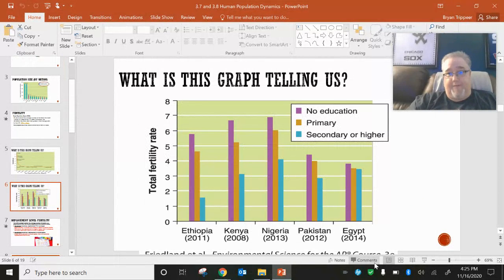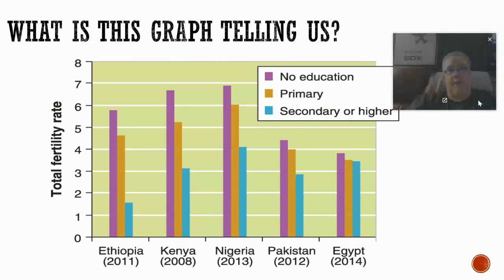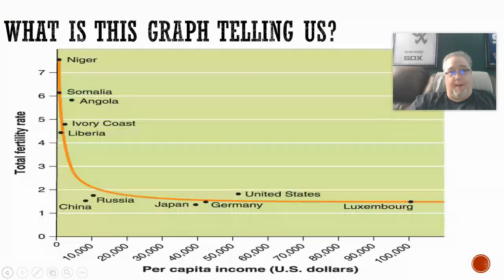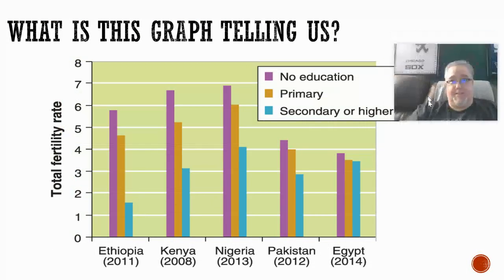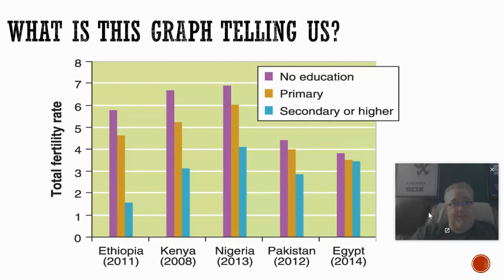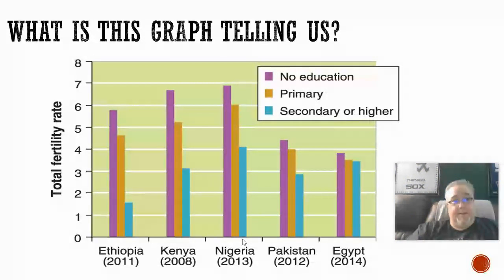All right, this graph here is showing us a little bit more about fertility rates. In this case, it correlates fertility to education. Let's just take, for example, the country of Nigeria here. You've got these three bars.